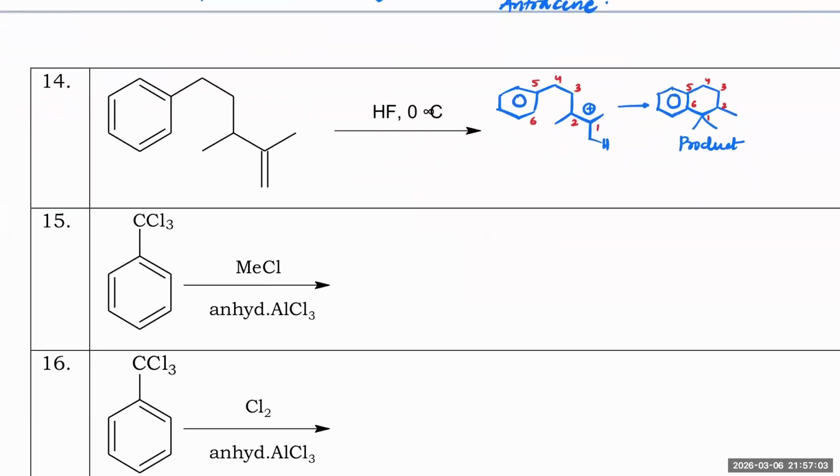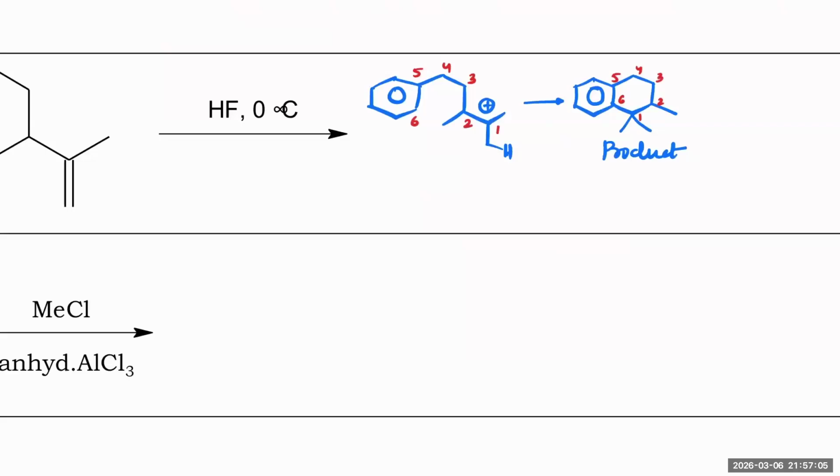Got it? In this case, the question was asked as how many 1 degree alpha hydrogens are present. Okay, so 1 degree alpha hydrogens. You know how many of them are there?